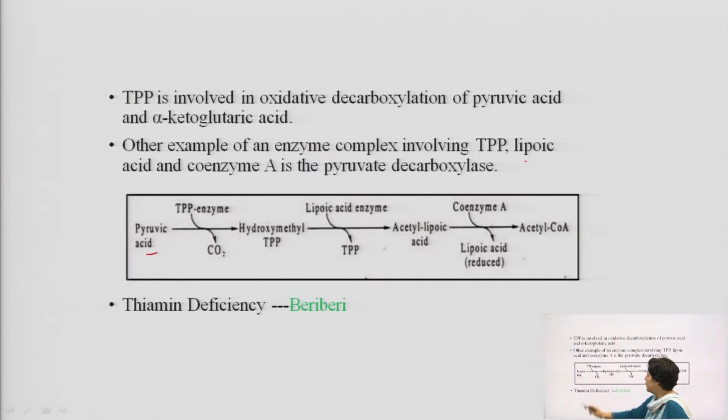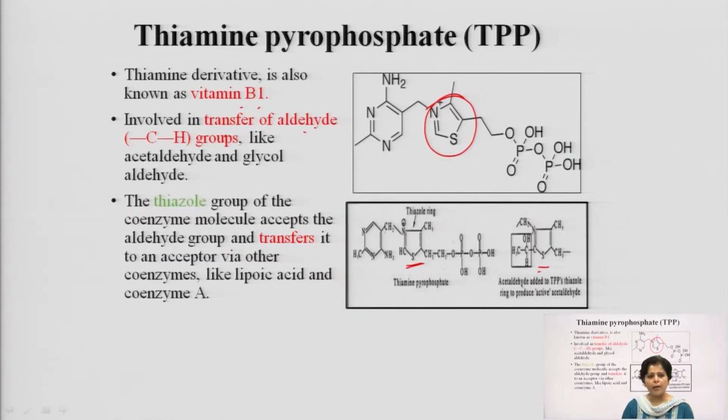Here the pyruvic acid, TPP enzyme, hydroxymethyl TPP, lipoic acid enzyme will convert it into acetyl lipoic acid, and then coenzyme A reduces the lipoic acid and it is converted into acyl coenzyme A. So what it does is the transfer of the aldehydic group.